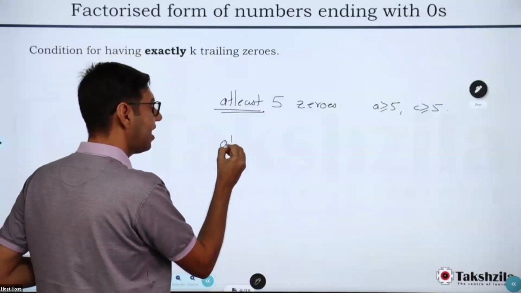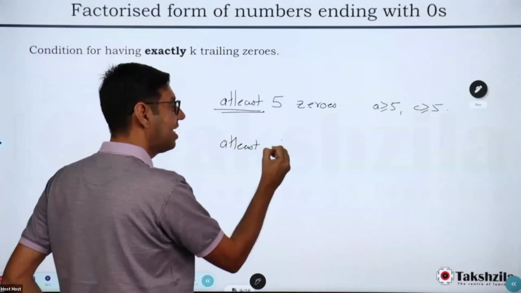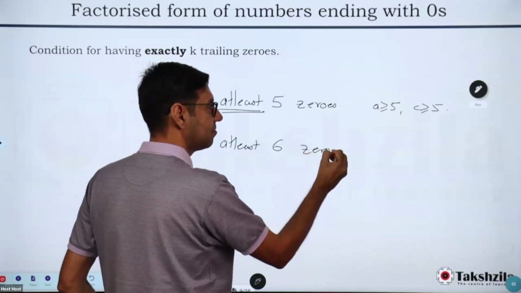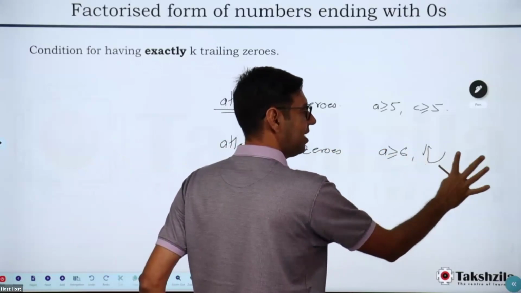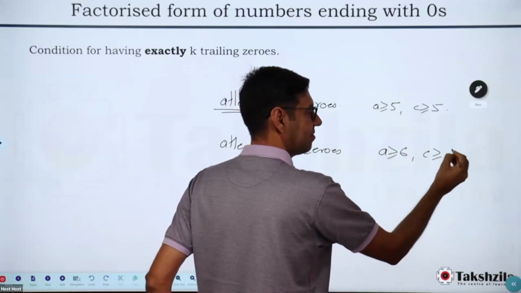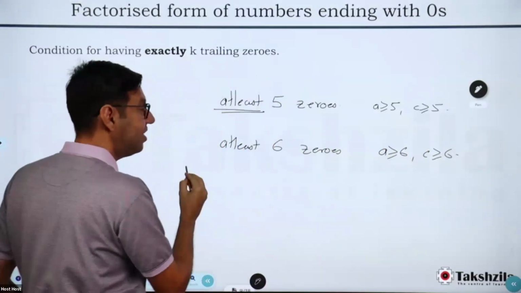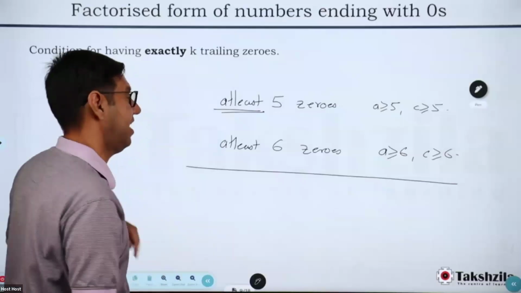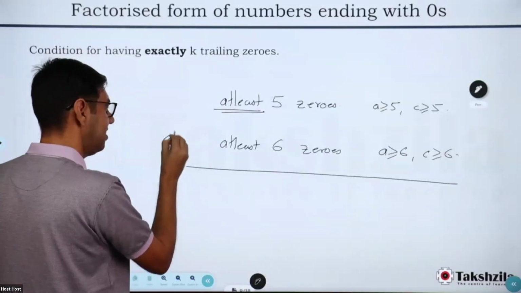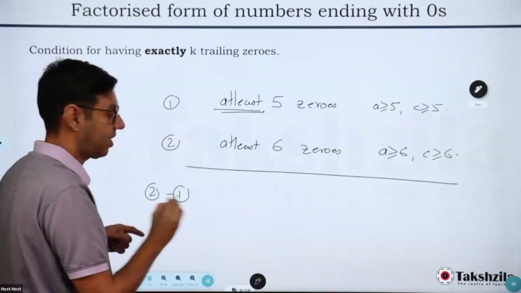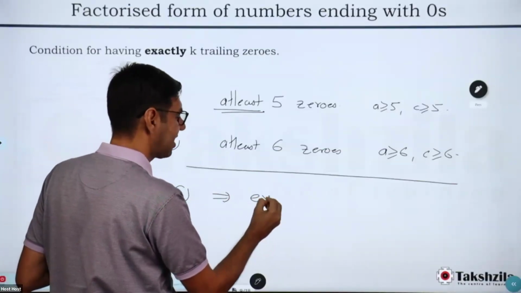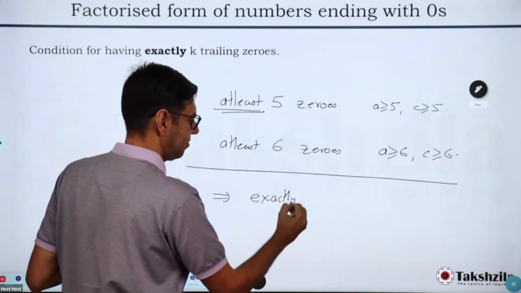If I want at least 6 zeros, could I say that A could be greater than 6 and C should be greater than 6? And the logical reasoning says the second situation minus the first situation will give you exactly 5 zeros.